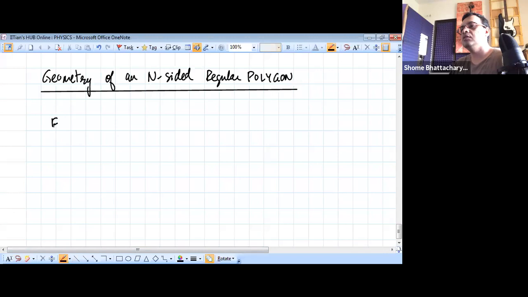So, for example, n equal to 3, the polygon in question becomes a triangle. If the polygon is regular, it will become an equilateral triangle.